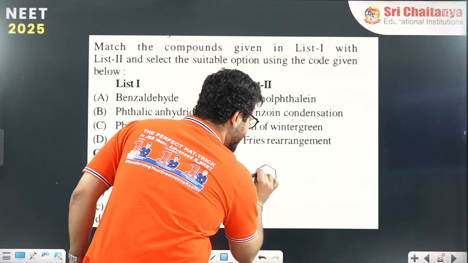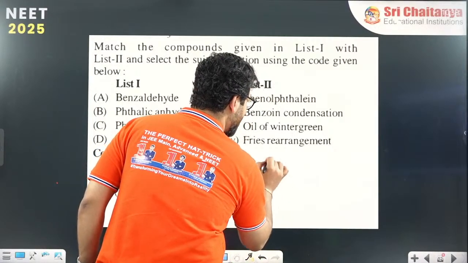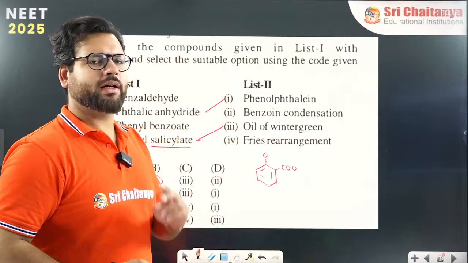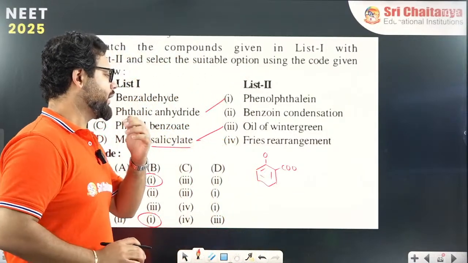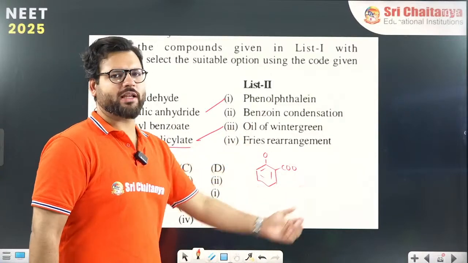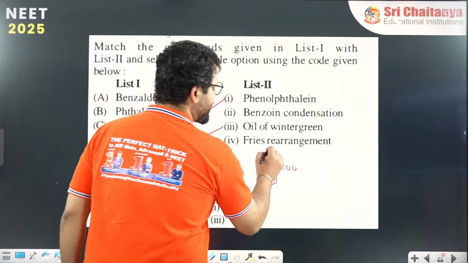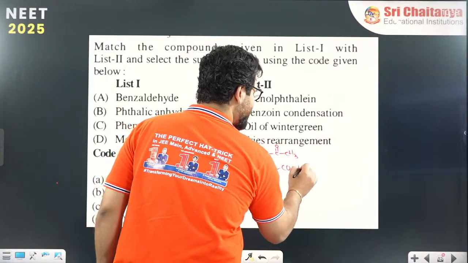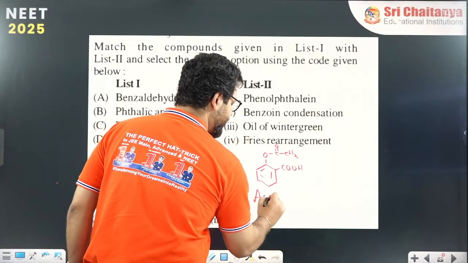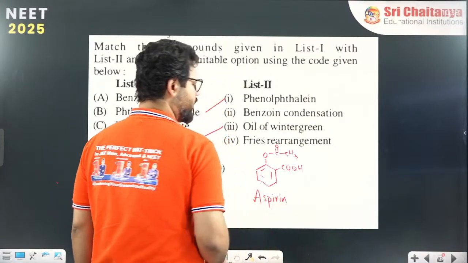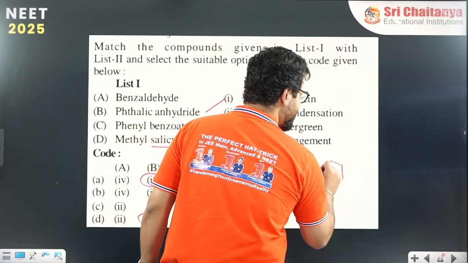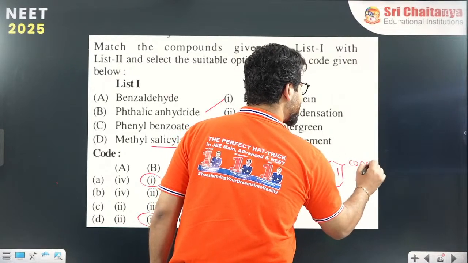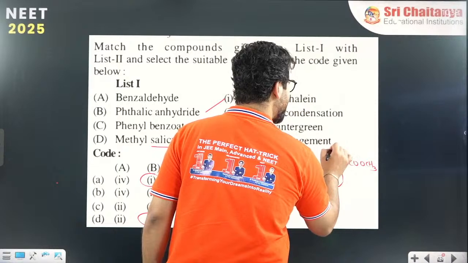When you take salicylic acid, you can do either the esterification here or you can do the esterification here. If you do esterification on the phenolic part and you make acetyl salicylic acid, this is called aspirin. But if you do esterification at the carboxylic group, COOCH3, this is called methyl salicylate.